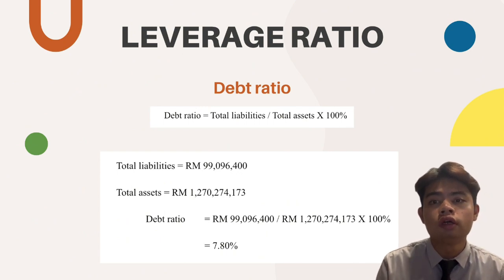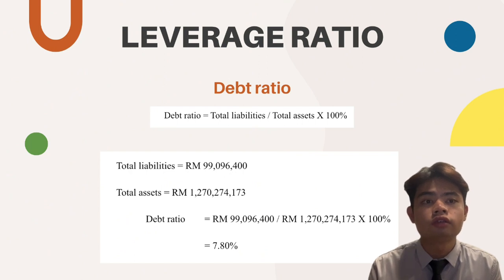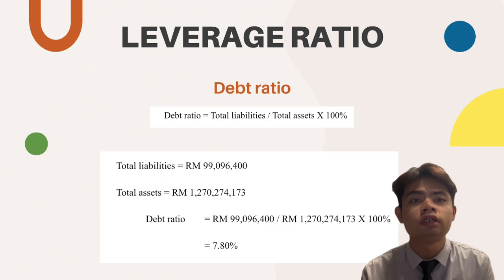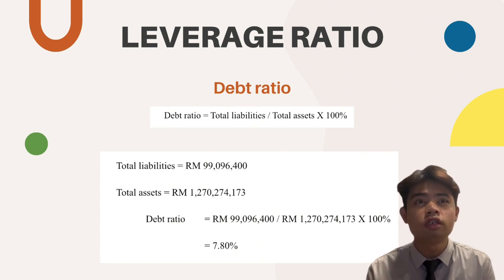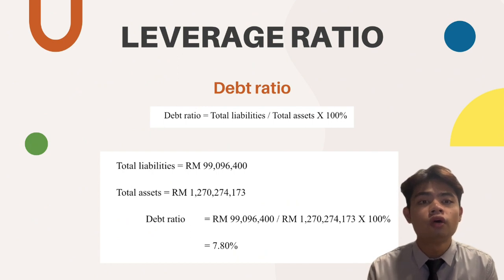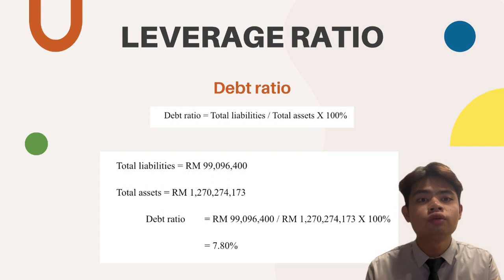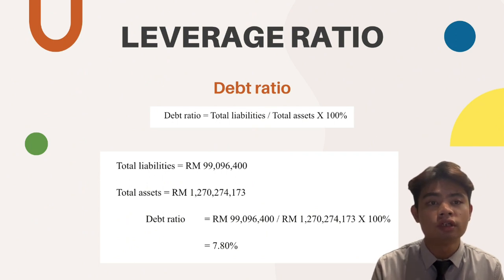So based on the financial reports, we can see the total liabilities is 99,096,400, and then their total assets in 2023 is 1,274,173.